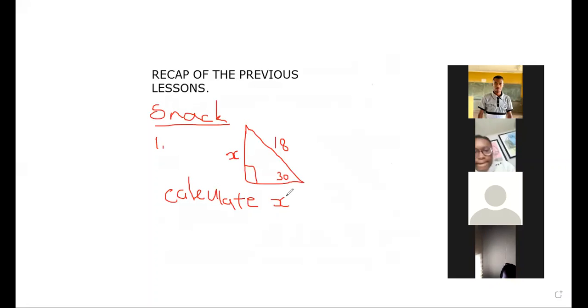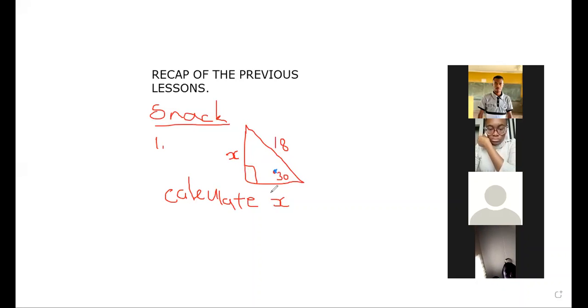If I look at this whole diagram, I'm given an angle. I have the hypotenuse side as well as the opposite side.